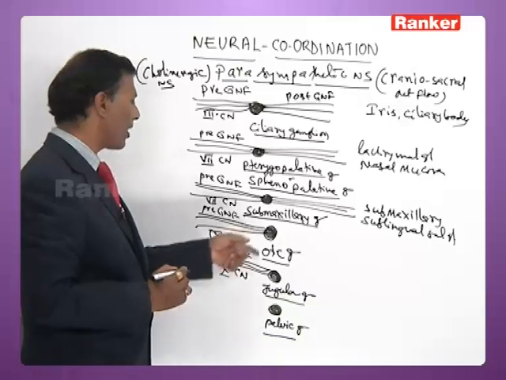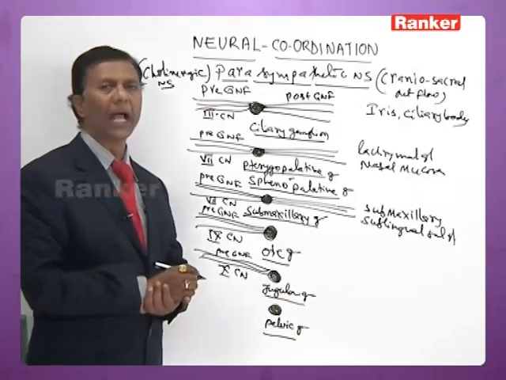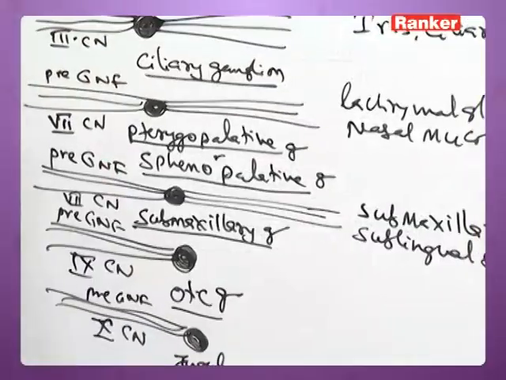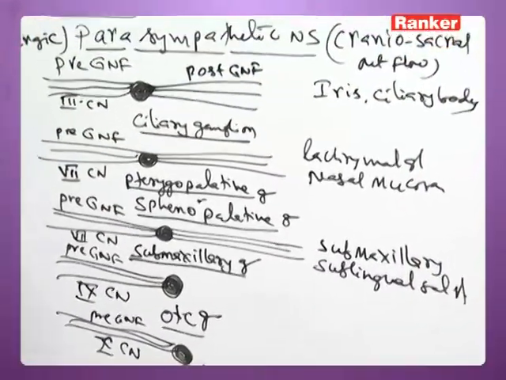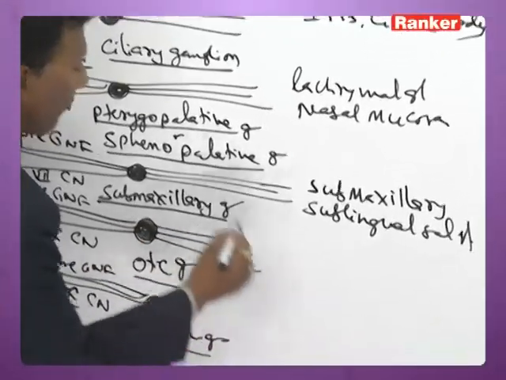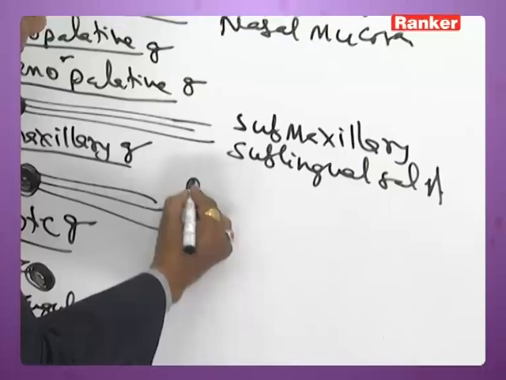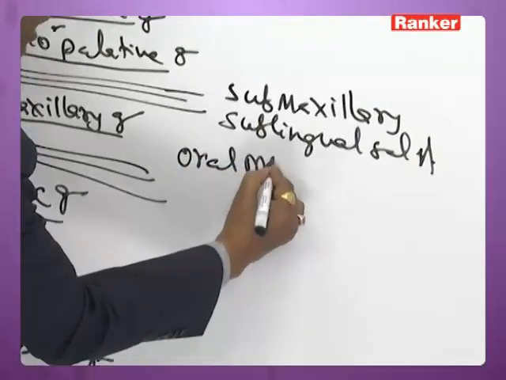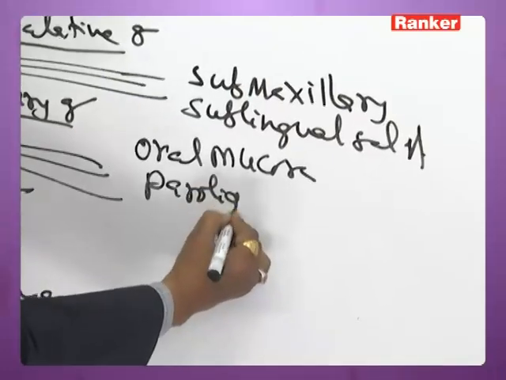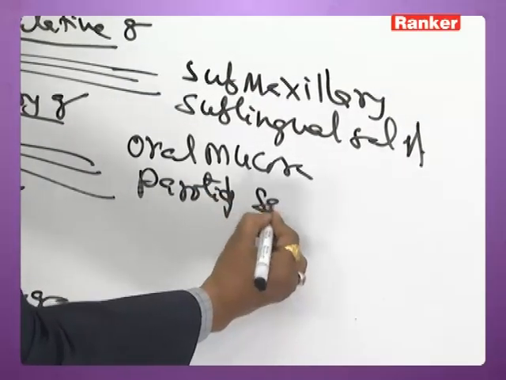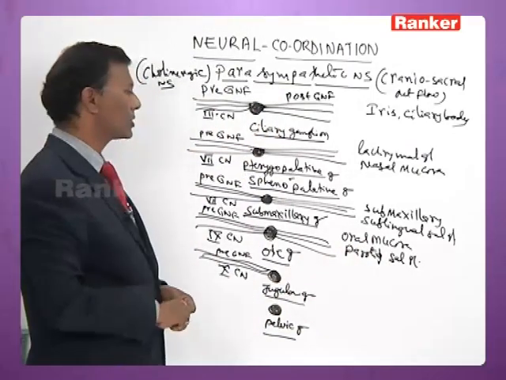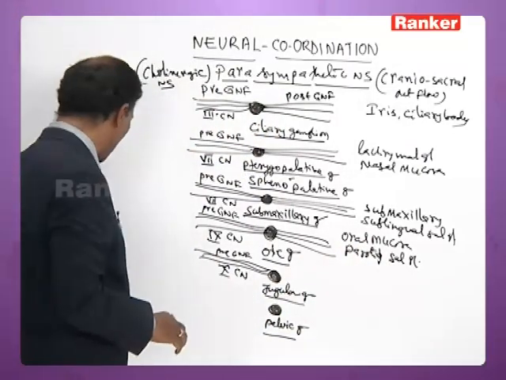Then you have the aortic ganglion. Preganglionic nerve fibers of the aortic ganglion accompany the 9th cranial nerve, the glossopharyngeal. The postganglionic nerve fibers of the aortic ganglion are supplied to the oral mucosa and parotid salivary gland.